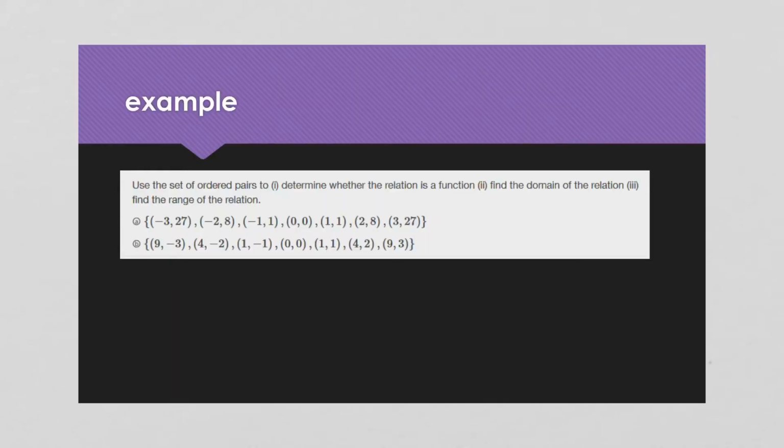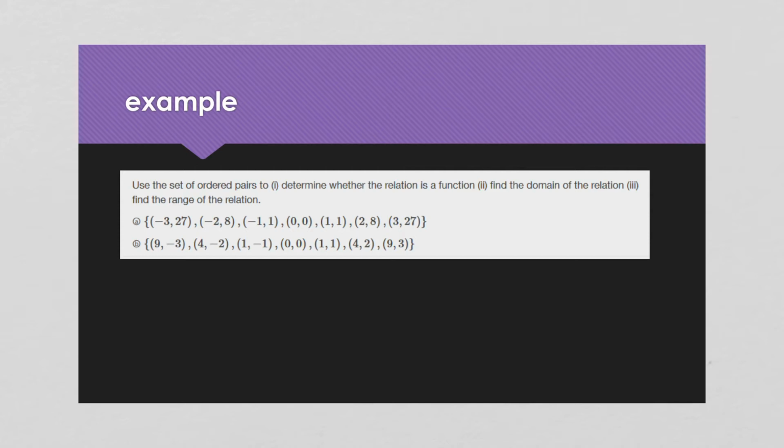All right, so let's take a look at this one. It says, determine whether the relation is a function. So take a look at your x values. Do they repeat? Okay. -3, -2, -1, 0, 1, 2, 3. So it is a function.